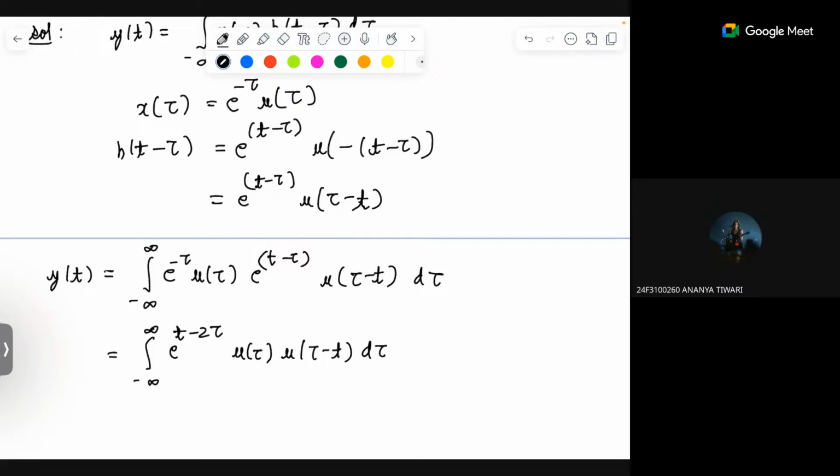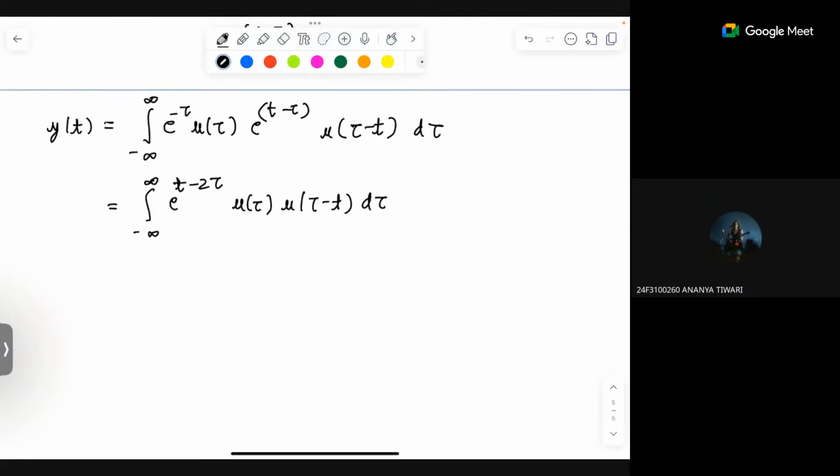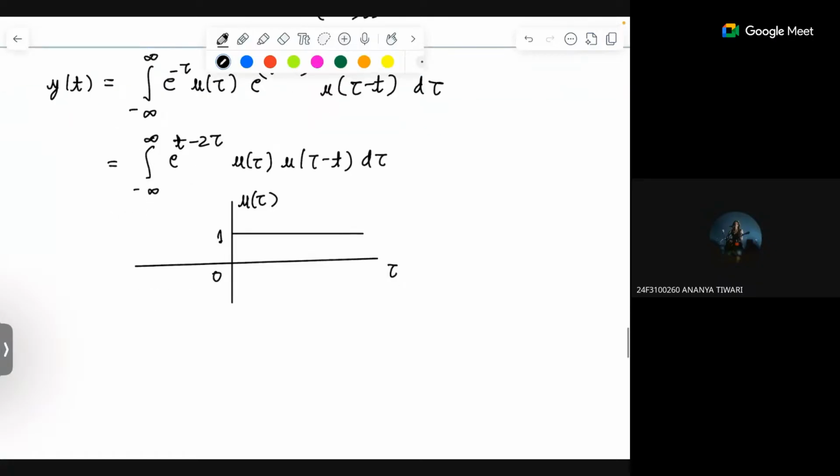Now let us just sketch u of tau and u of t minus tau so that we could easily identify the limits of integration.